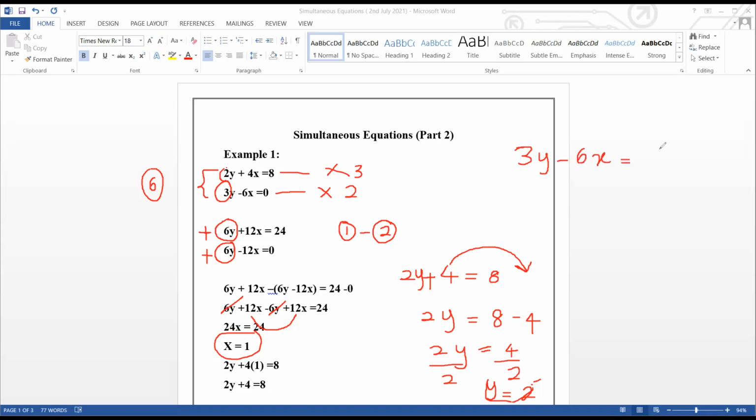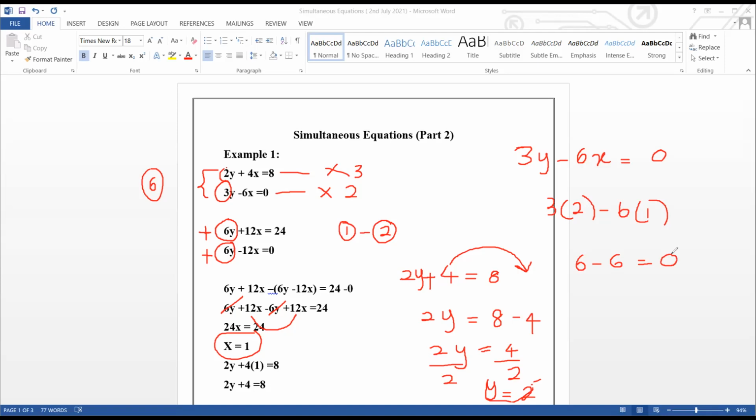Instead of y, I can write 2, then I will get 3 times 2 minus 6, and instead of x, I can write 1. Yes, 3 times 2 is 6, 6 times 1 is 6. So 6 minus 6, you are getting 0. That means our answer is correct. So x is 1 and y is 2, right? That is how we do it.